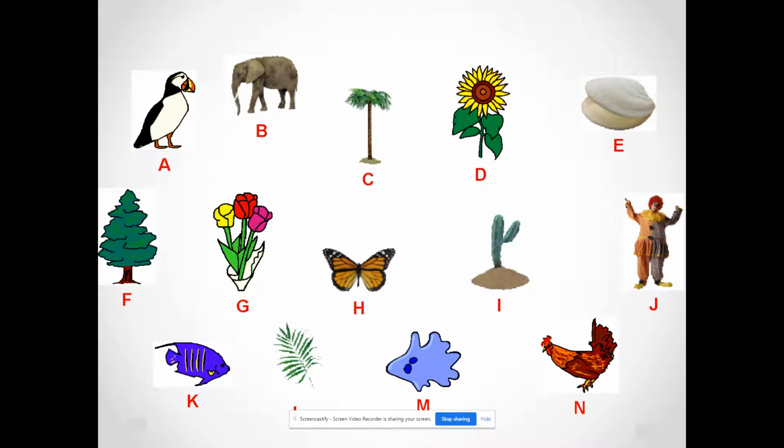When we look at just the plants, and we divide it into flowers and trees, we're just going to focus on the flowers. So let's look at the flowers. So we got flower, flower, and flower. What's the difference between 1, 2, and 3? What are you going to say?